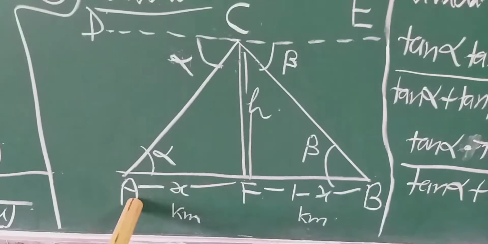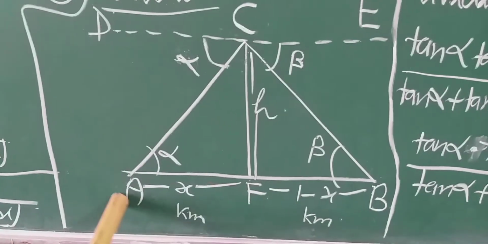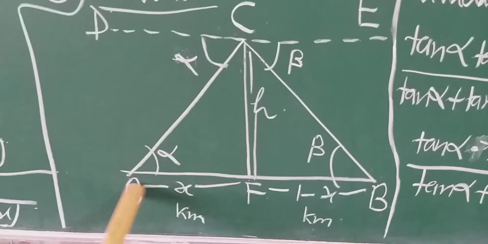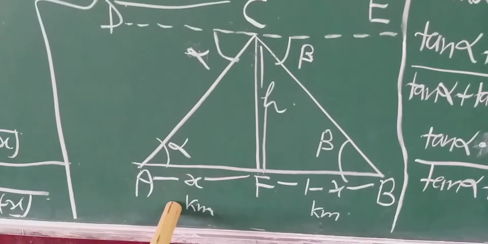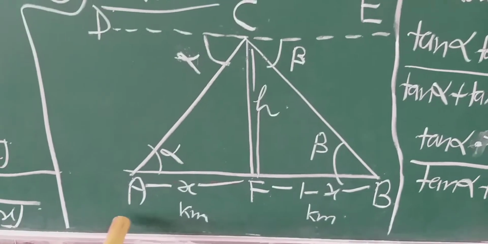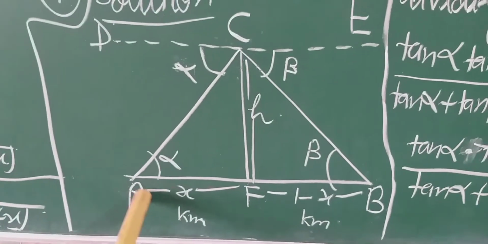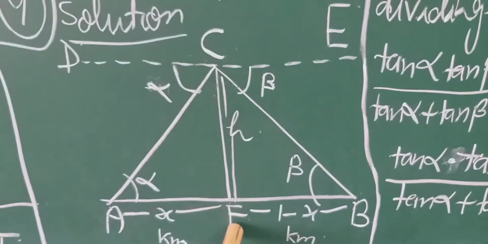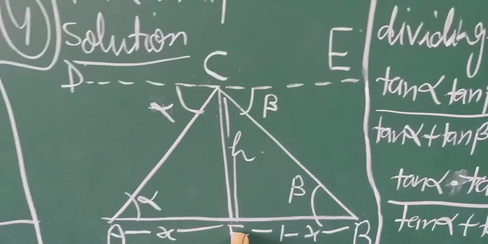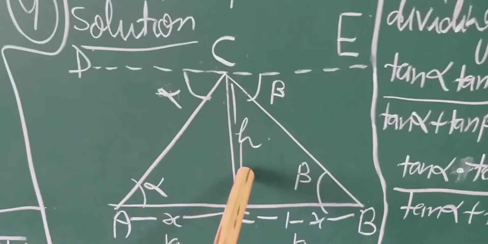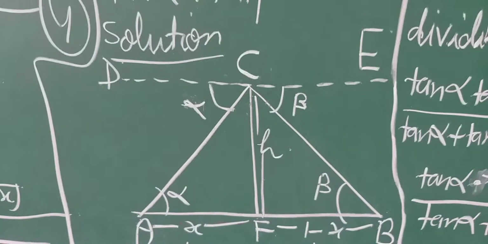The distance between two stones, it is given to us, it is 1 kilometer. So let's suppose AF equals to x kilometer, then BF equals to 1 minus x kilometer, because the total distance between A and B is 1 kilometer. And suppose the height of the aeroplane from the highway is h kilometer.